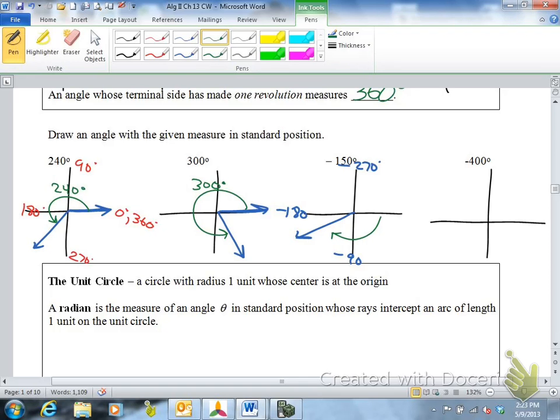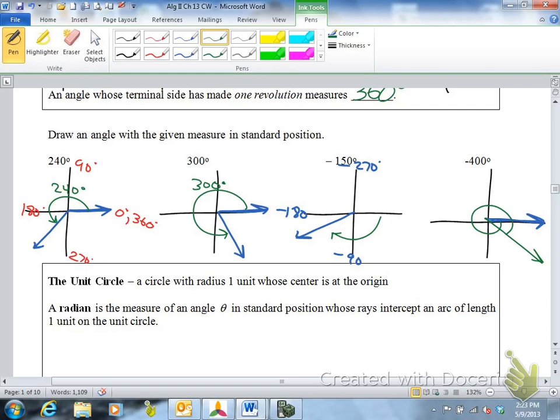Negative 400. Normally you might think, well, 360 is one time around the circle, and 400 is a little bit more than that. So you would have the initial side, and you go around the circle once, clockwise, and a little bit more.